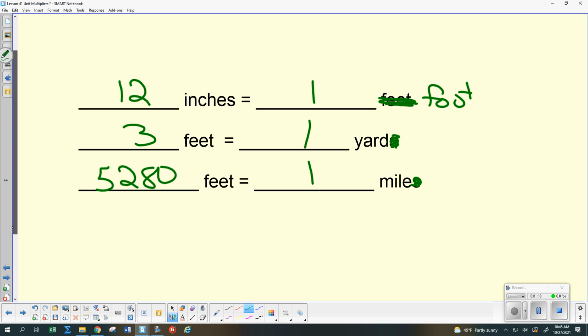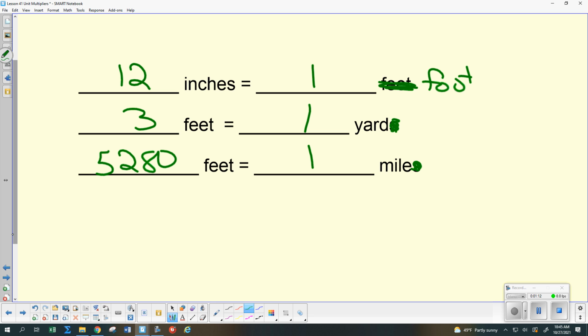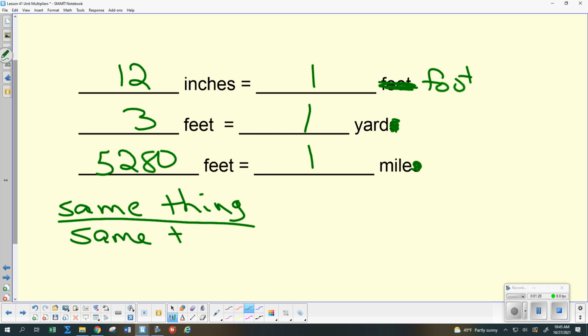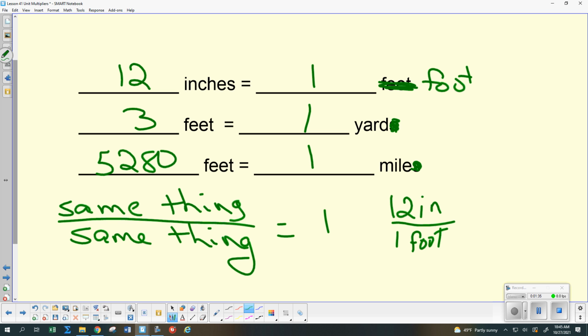So what we do with unit multipliers, just like in that homework problem, is the same thing over the same thing equals 1, that's all that we're doing with unit multipliers. We can do things like 12 inches over 1 foot, same thing over same thing, that is 1.